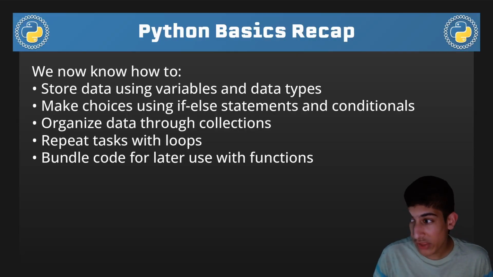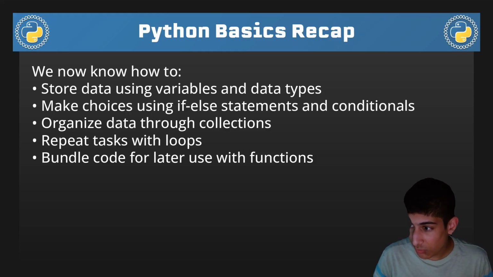We're done with Python basics. So just to recap, we now know how to store data using variables and data types, which was the second video, making choices through if-else statements and conditionals, which is from the third video, organizing data through collections like lists and dictionaries from the fourth video.